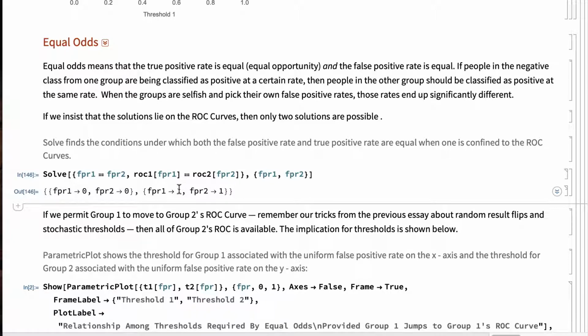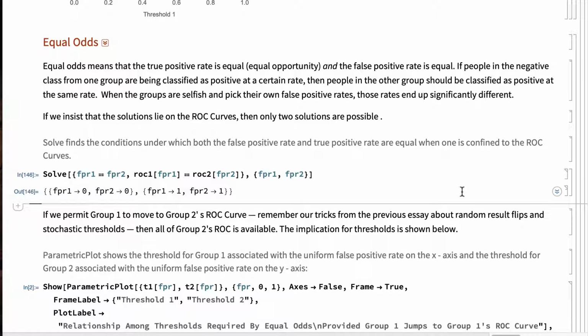What we need to do in order to achieve equal odds is actually to get group 1 to move down to group 2's ROC curve. And if you remember the previous essay, I spent a good deal of time talking about how to do that navigation, either by random result flips or by stochastic thresholds.